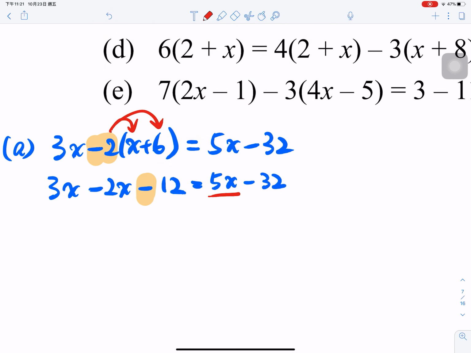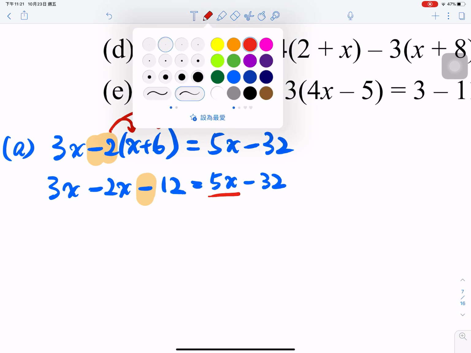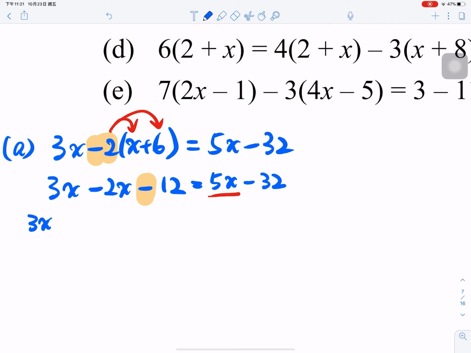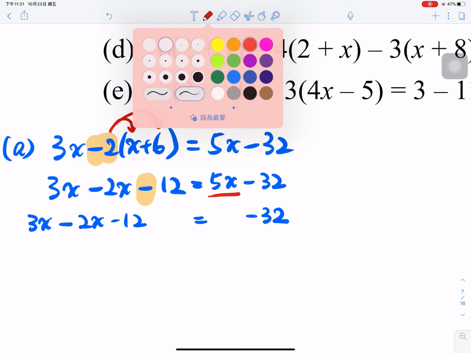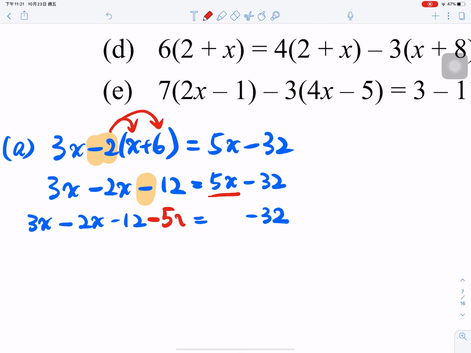Here is 5x. So both sides minus 5x. Correct, minus 5x. Okay? And I want you to pay attention to this one. Minus 32 stays negative 32 since there is no more 5x.